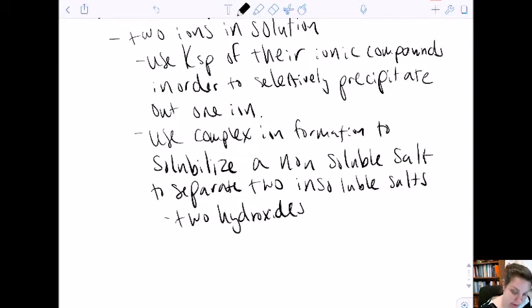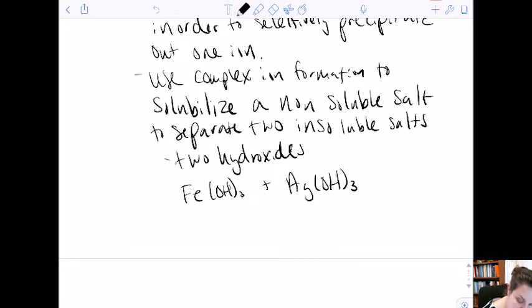but if we have something like iron hydroxide and silver hydroxide, they're both insoluble in water.